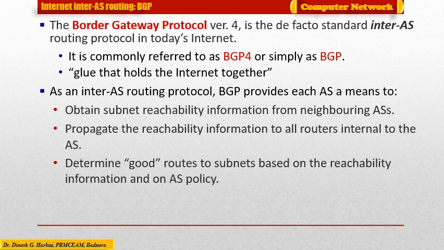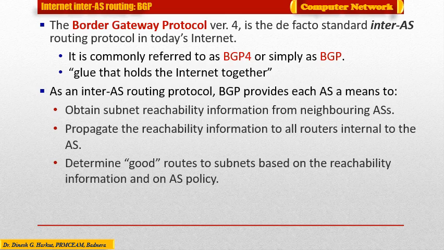As an inter-AS routing protocol, BGP provides each autonomous system a means to obtain subnet reachability information from neighboring autonomous systems, propagate the reachability information to all routers internal to the autonomous system, and determine good routes to subnets based on the reachability information and on autonomous system policies.